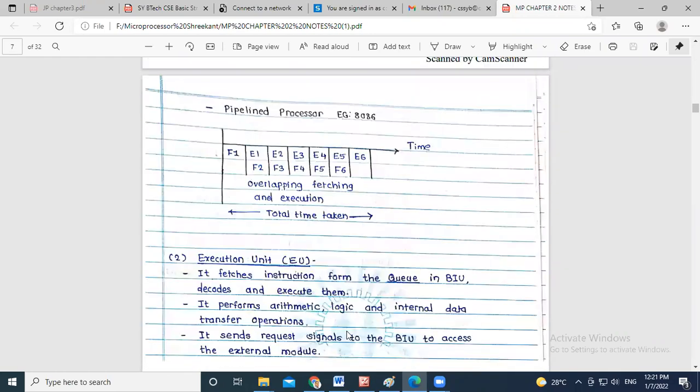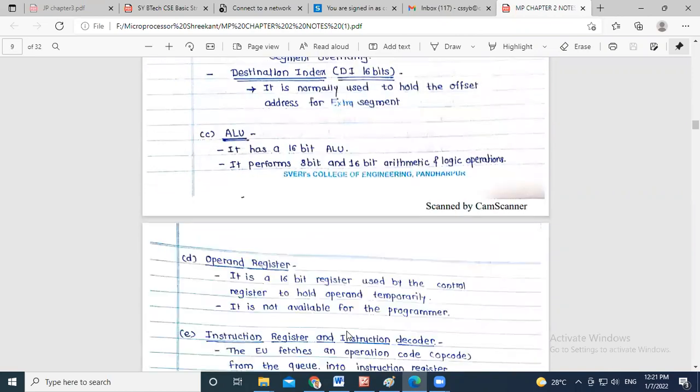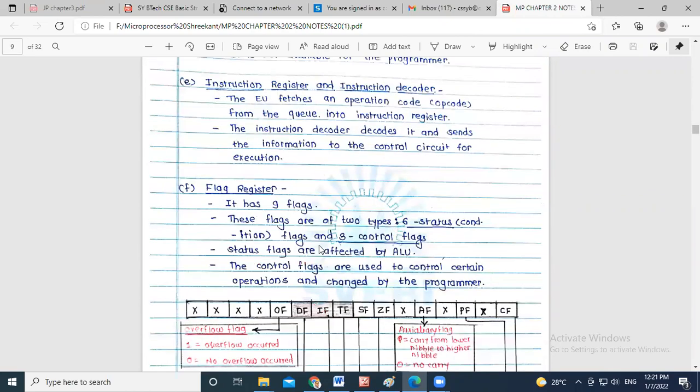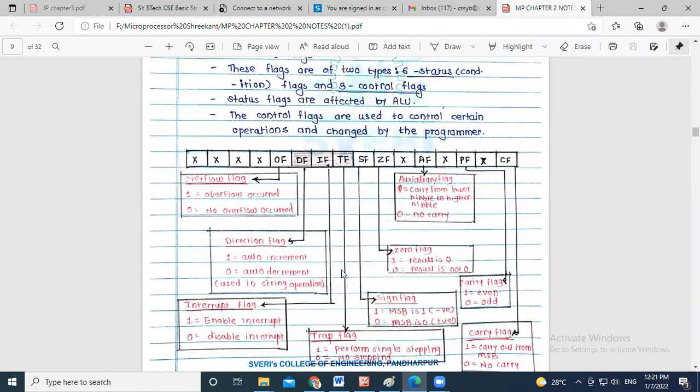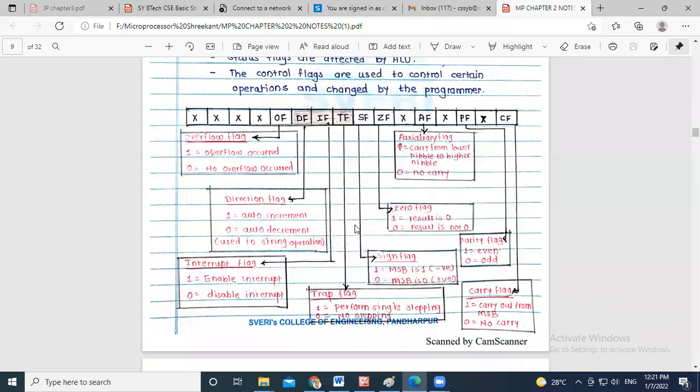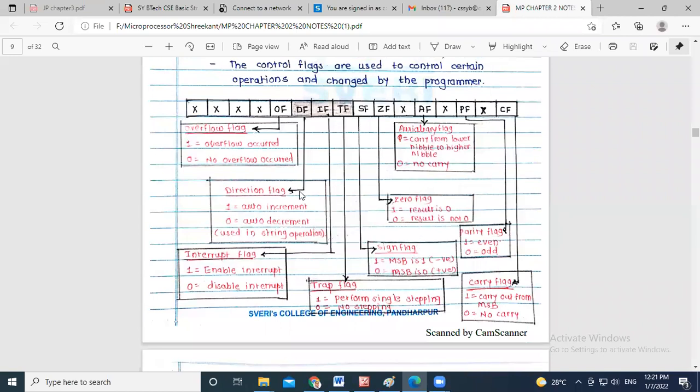Up to that we studied internal operations, and in that we have to study the flag register also. Totally 9 different flags. This diagram shows the entire summary of the flag register. By taking this diagram, you just have to write 1 or 2 lines on each flag. Automatically it becomes about 1 page of your answer, more than enough.